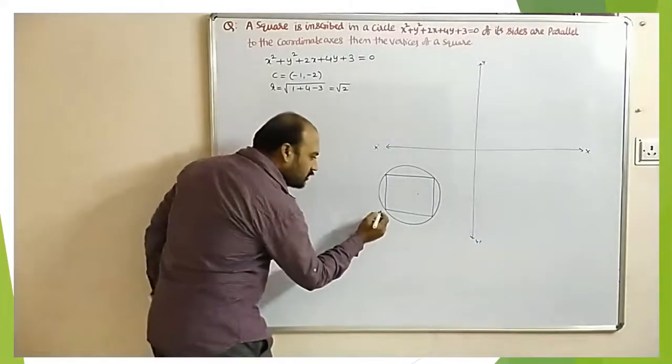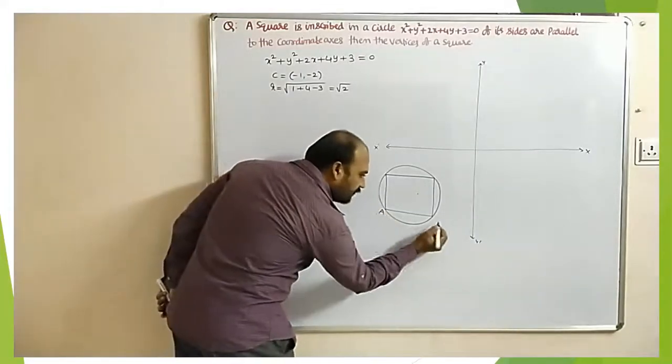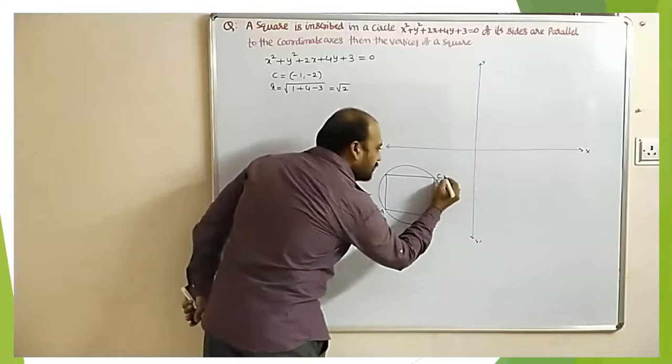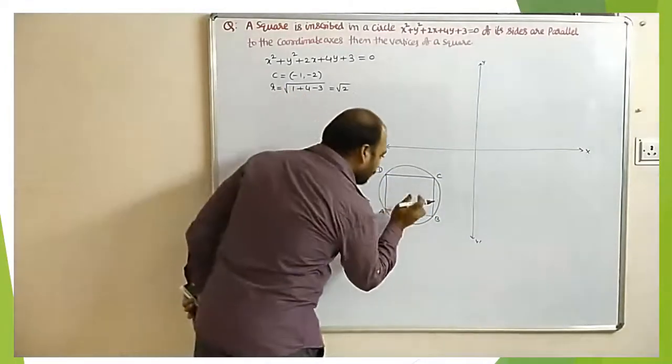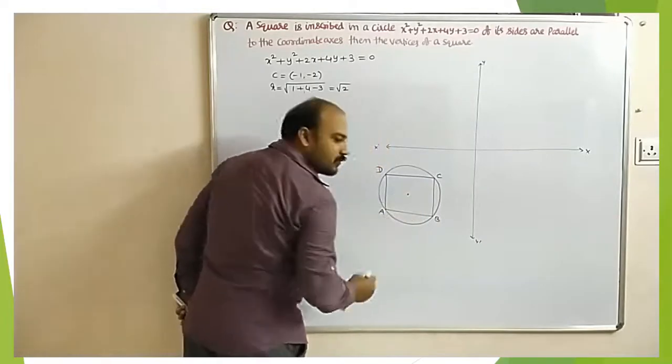Now, the square inscribed in the circle, we give the vertices names A, B, C, D. And the center of the circle is here. We can assume that.